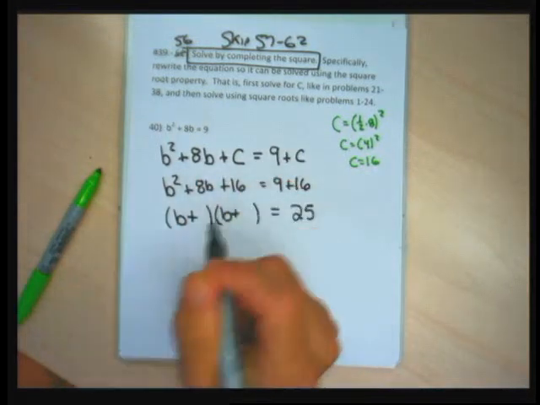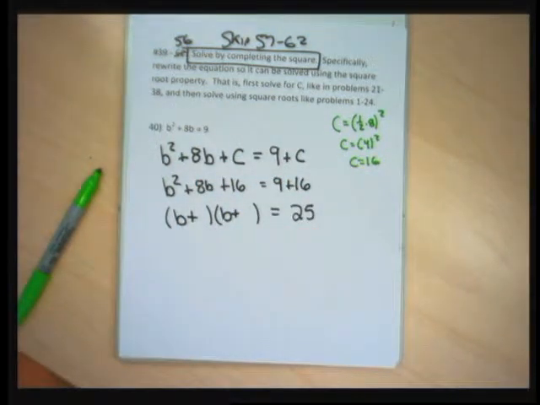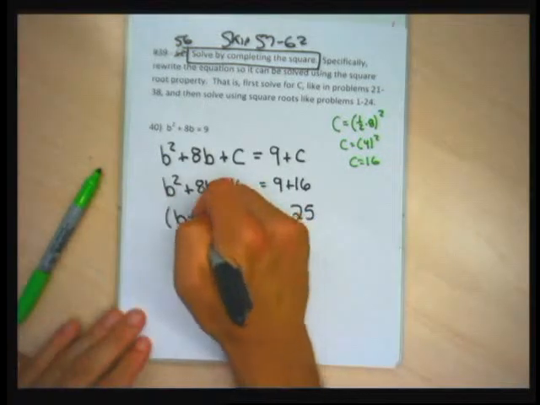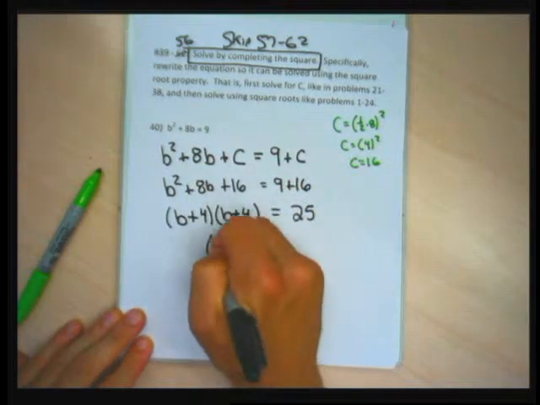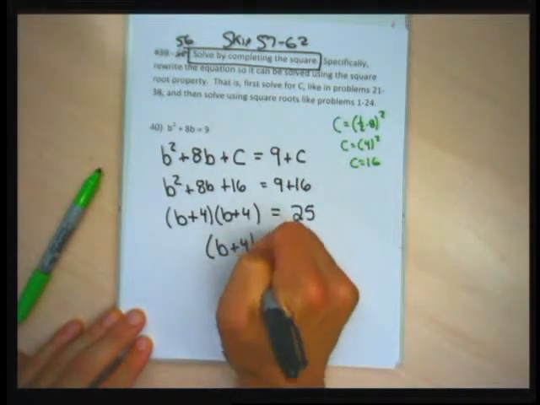My signs can't have any minuses because there aren't any minuses in the problem. And my lasts have to multiply to 16 and add to 8, and that's going to be a couple of 4's. So I'm going to put a couple of 4's after the b's, and I'm going to rewrite that as b plus 4 quantity squared.